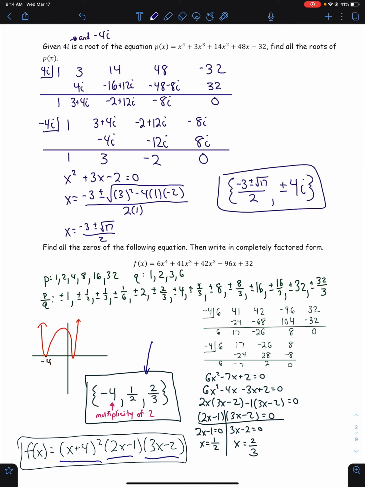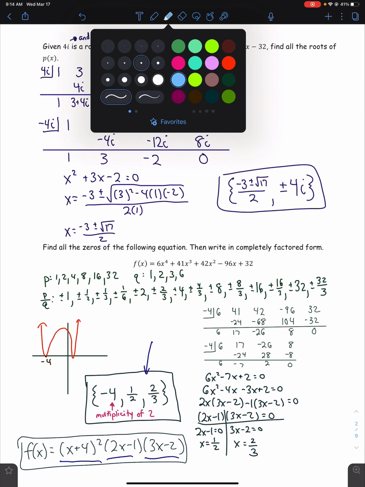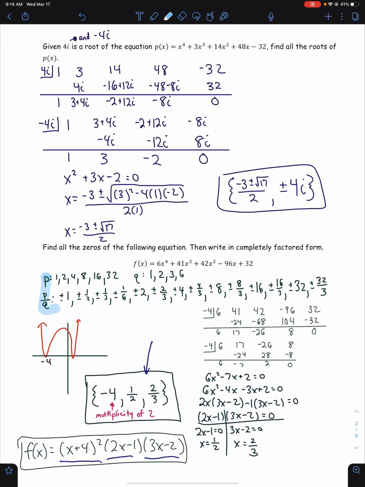So please use that calculator method to find the correct zeros for the function, but you have to make sure that you show this work right here.